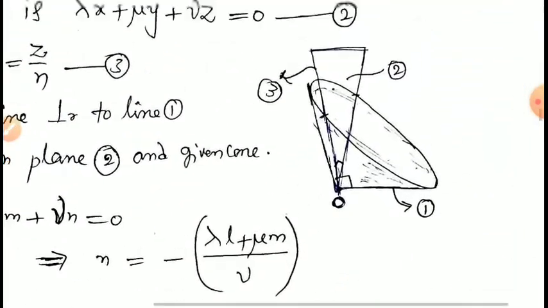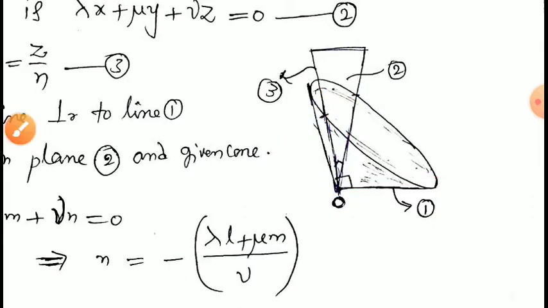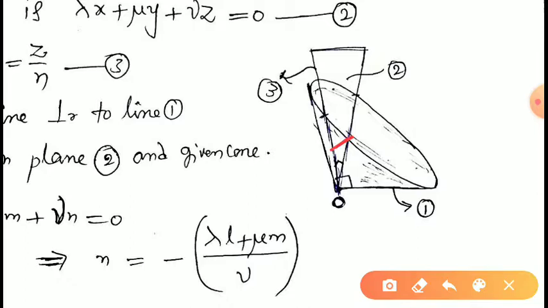Since you can see in the diagram, L1, M1, N1 are direction cosines of this line, L2, M2, N2 are direction cosines of this line. If these three lines are mutually perpendicular, then we must have the angle between these two lines is also 90 degrees.